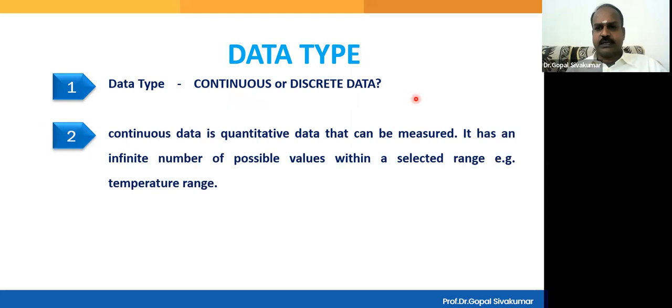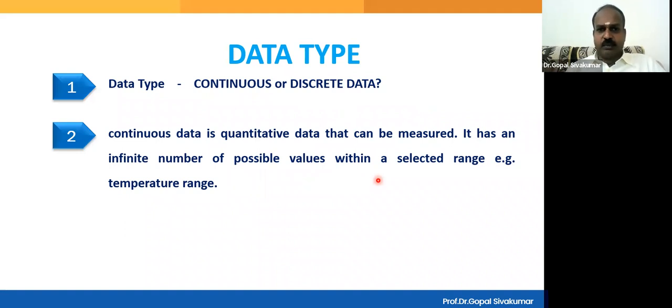Continuous data is quantitative data that can be measured. So any measurable characteristic is continuous data. For example, I want to measure the strength of the material, or the length of the product. These are all continuous data because anything that you can measure is continuous data. We call it continuous data because it has an infinite number of possible values within any prescribed range, right?